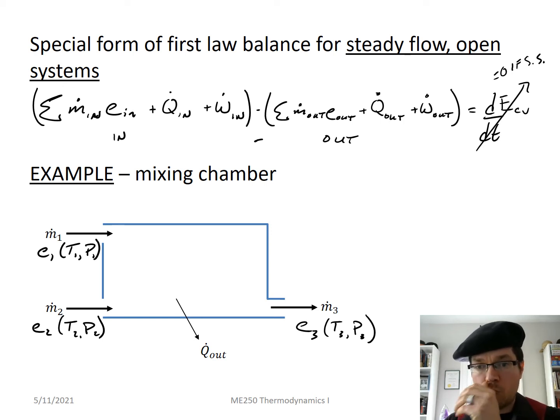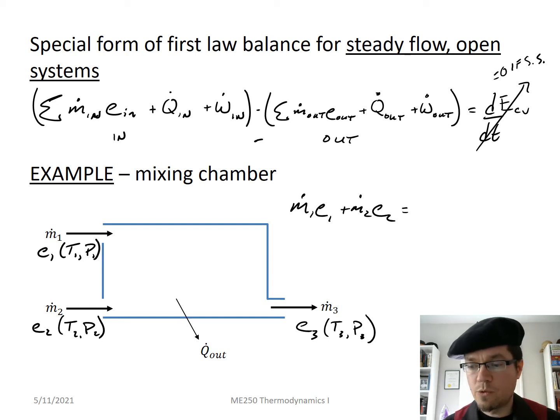And so we'll look more later at all of this, but we can write out right now the first law balance and also the mass balance for this system. So the first law balance would be m1 E1 plus m2 E2 is equal to m3 E3 plus Q dot out.